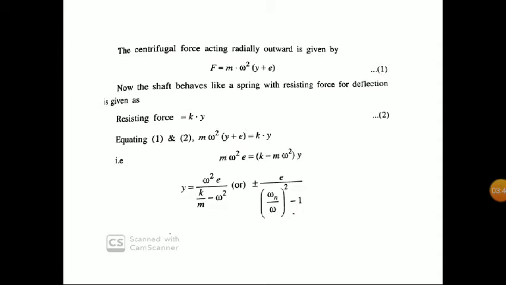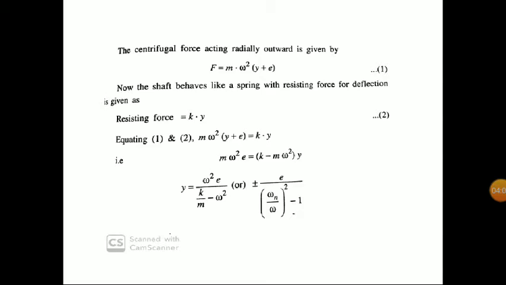And I told you the shaft behaves like a spring, so the restoring force of this shaft is given by k into y. So equating both, we get m omega square into y plus e equal to k into y, or y equal to omega square e by (k by m minus omega square), or plus or minus e by (omega n by omega) whole square minus 1. That is, k by m means omega n square.